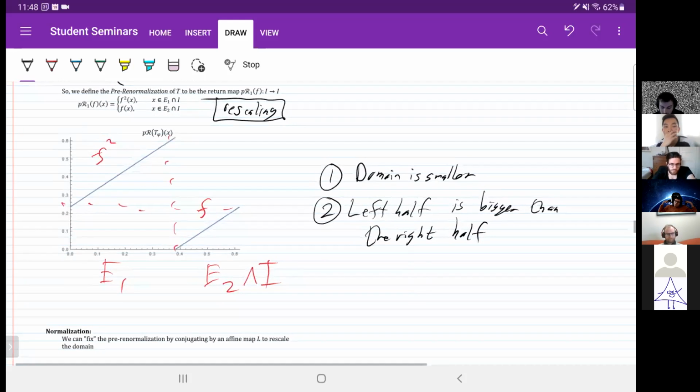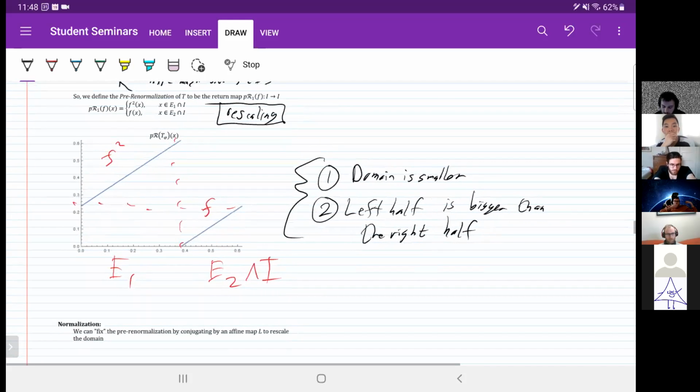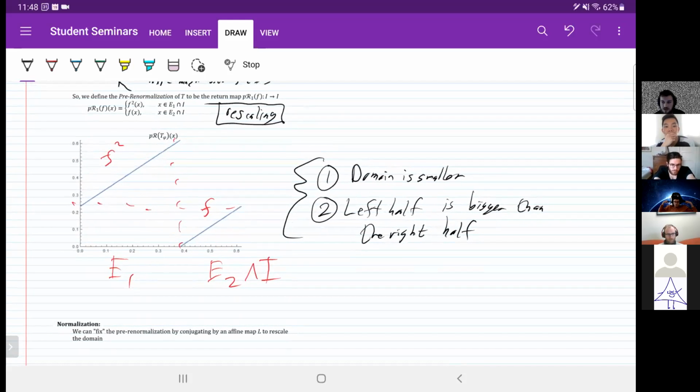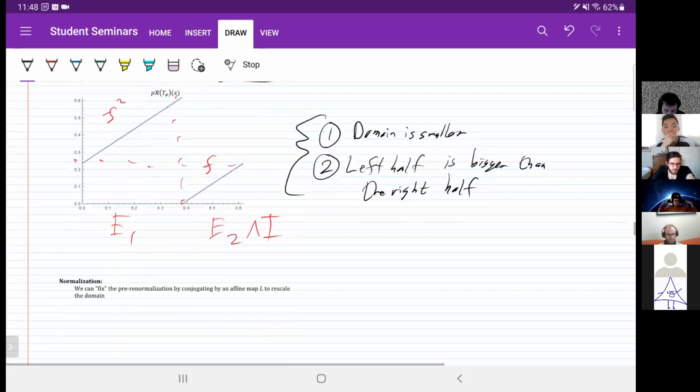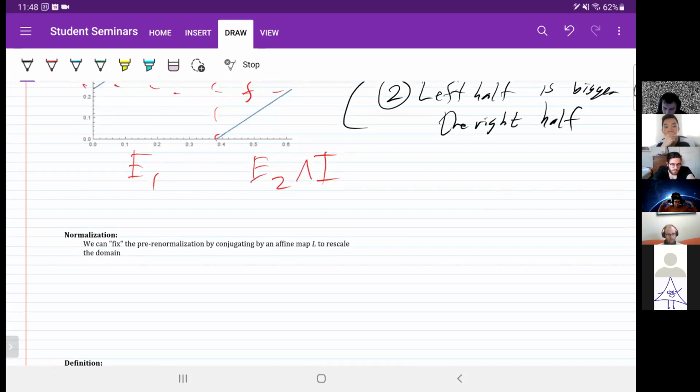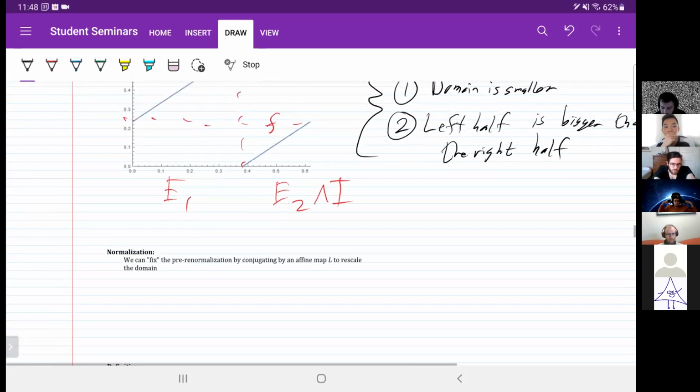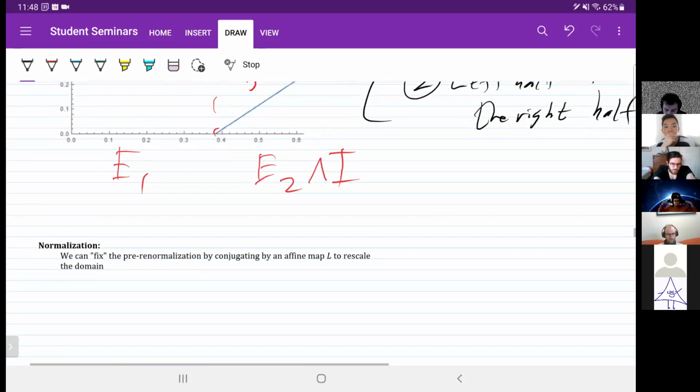For my purposes, both of these things are problems. So I'm going to choose my normalization so that my function is defined on [0, 1], and its left half is smaller than its right half. We can actually fix both of these problems at once by conjugating by an affine map.